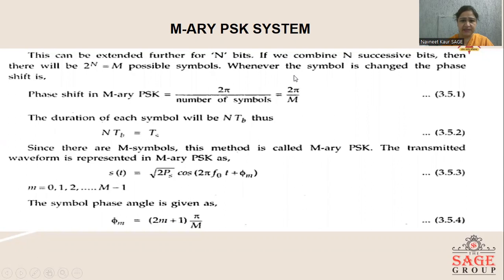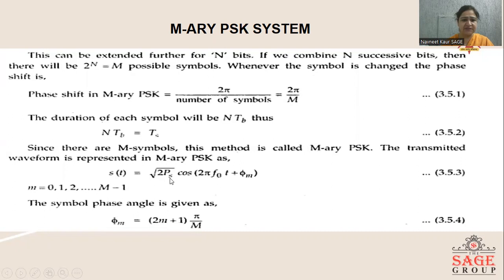Now, in M-ary PSK, whenever the symbol is changed, the phase shift is given as 2 pi divided by number of symbols, which is 2 pi by M. Now here each symbol is made up of N bits, and we know that the duration of one bit is TB. So here we will see that the duration of one symbol TS is given as N TB. Now, since there are M symbols, the system is known as M-ary PSK system.